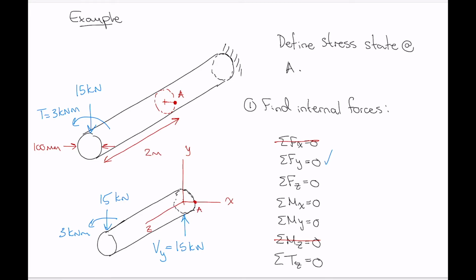In the z direction, we don't have any applied loads, so there's not going to be any internal force. If we did have an internal force in the z direction, that would be an internal normal force, but we don't have one. Now, the sum of the moments about the x-axis here.